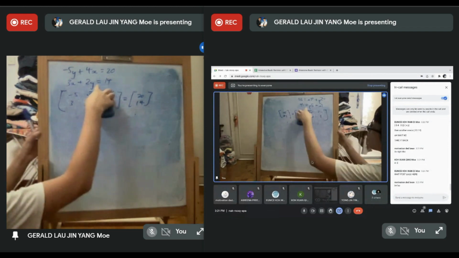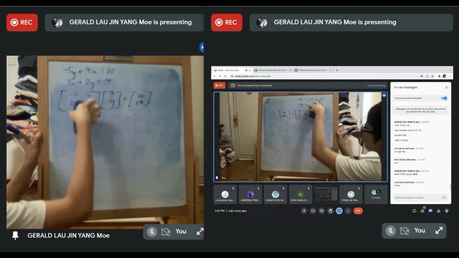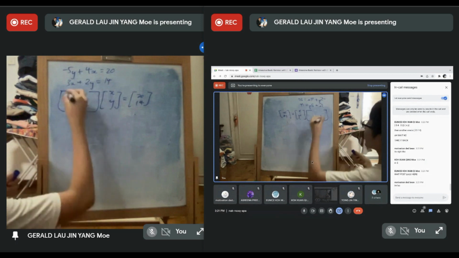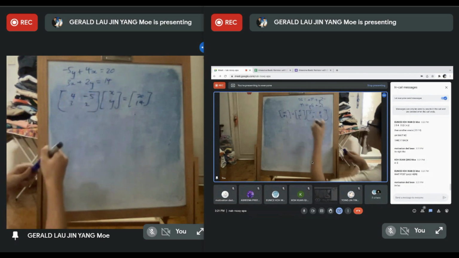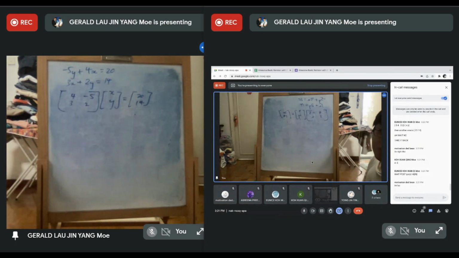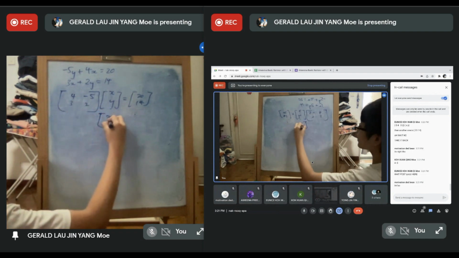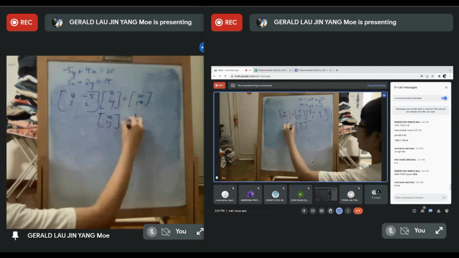So make sure X must be in front. So 4x minus 5y. Okay? Then what do you do next? X, Y as the subject. This one move here. 1 over what?